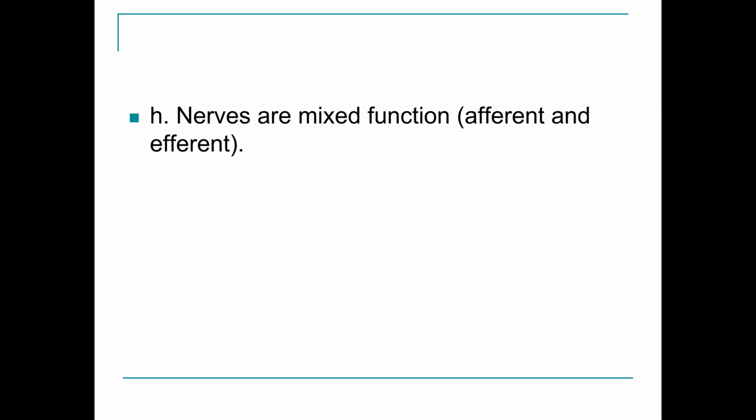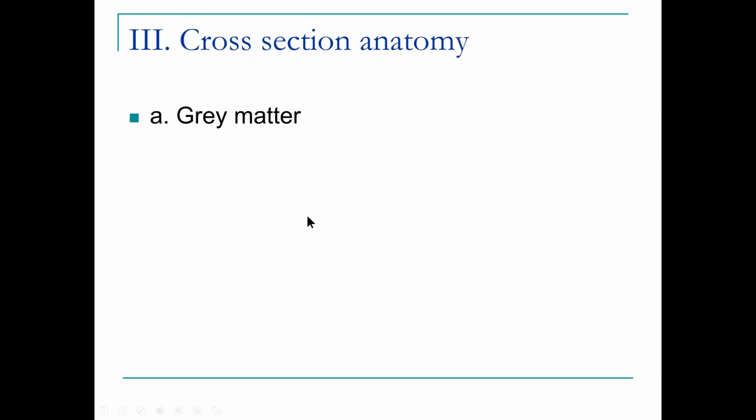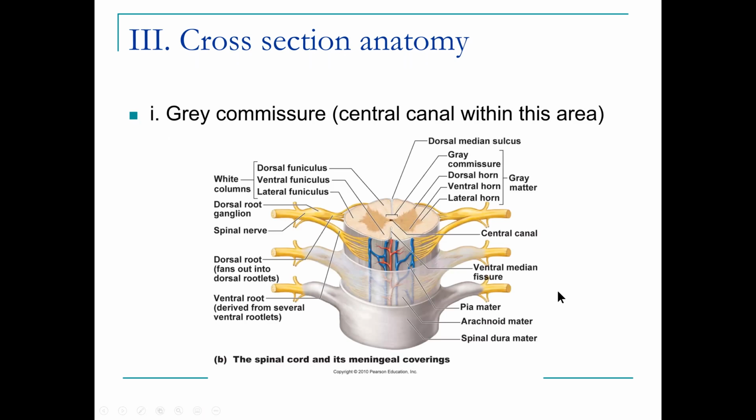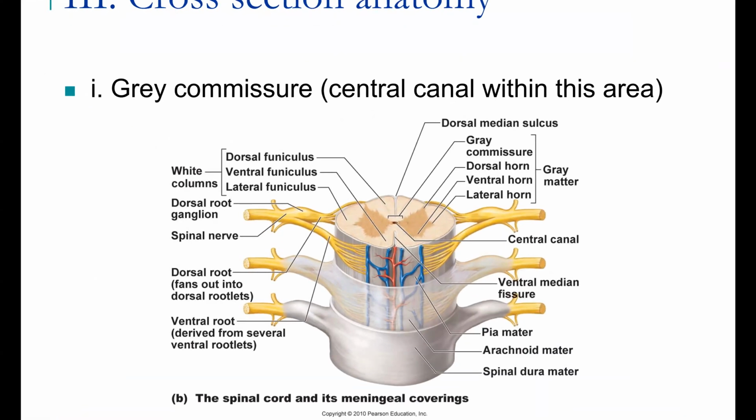Autonomic functions may be speeding up and slowing down the heart, or dilating or constricting the capillary beds. But the spinal nerves themselves are mixed nerves, okay? That means they have both afferent, the sensory fibers, and efferent, the motor fibers, in the spinal nerve, okay?